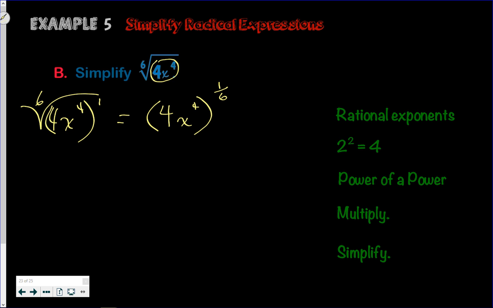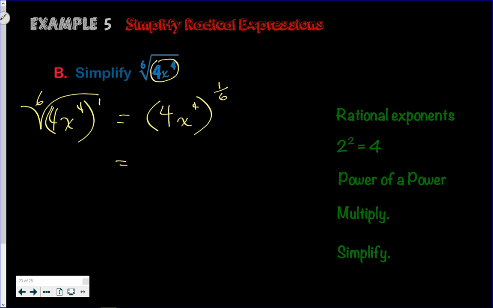Everybody following so far? Okay, so you took the 1 and the 6, and you put the exponent 1 over there, and then you took the 6 that was on the square root, the n through. Okay? Just turning it back into rational form. Got me? Okay.